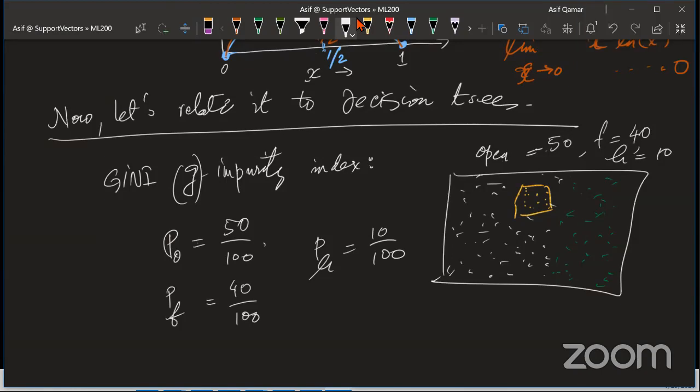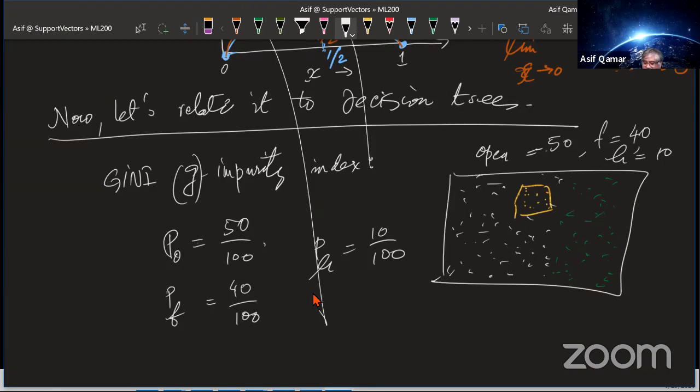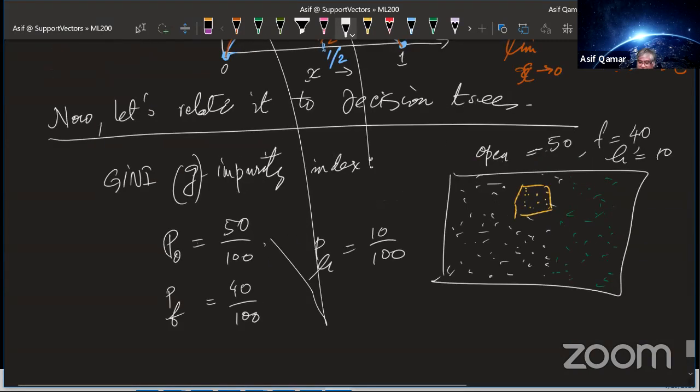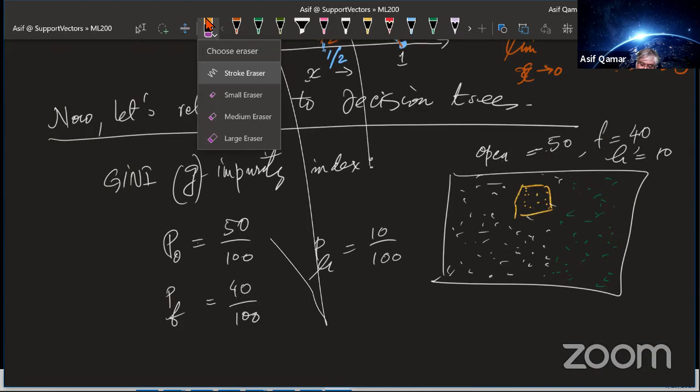Right. And now from this, let us derive for each of these quantities. Oh, sorry, what am I doing here? Something weird happened.